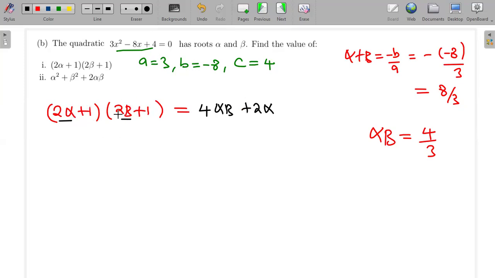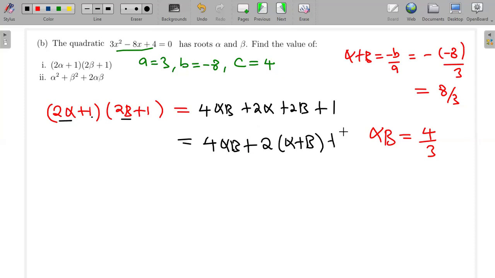And then 1 multiplied by 2 beta, I get plus 2 beta. The other one is 1 multiplied by 1, I still get 1. So here I'm just going to have 4 alpha beta plus, this guy here is 2, and then alpha plus beta in the brackets plus 1.